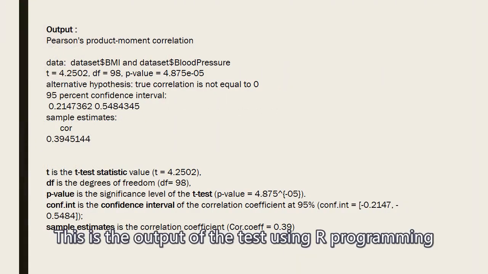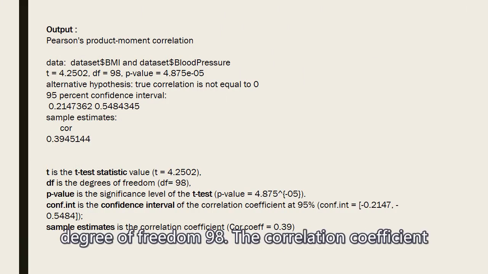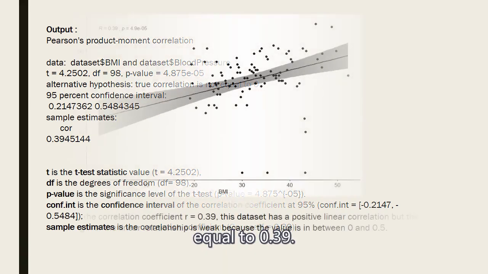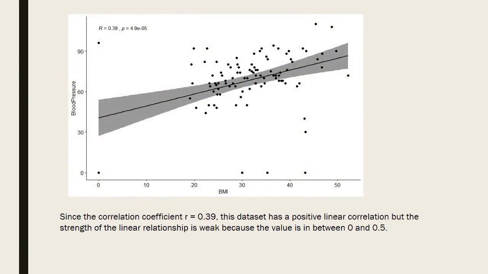This is the output of the test using R programming. So we get a test statistic value equal to 4.2502, degrees of freedom 98, and a correlation coefficient equal to 0.39. Here is the graph of BMI value against the blood pressure.